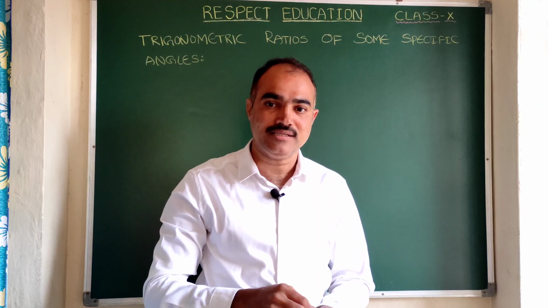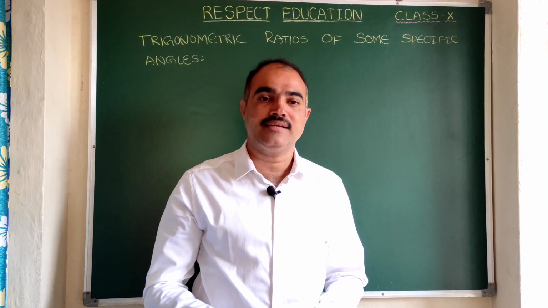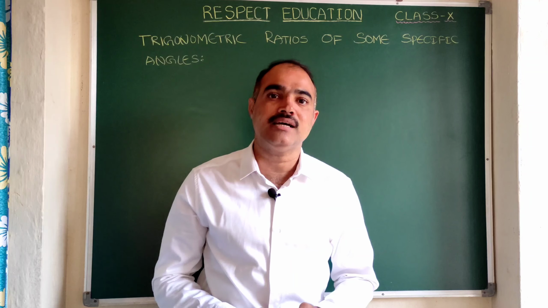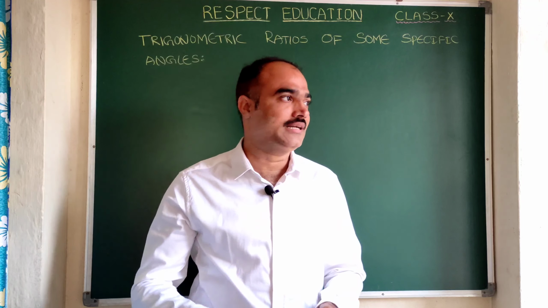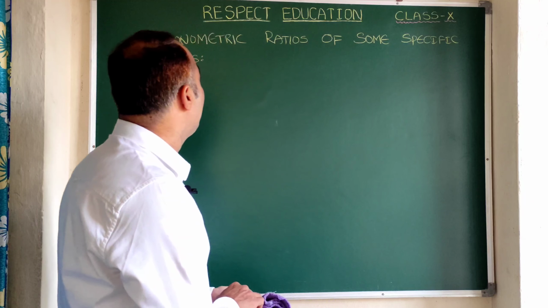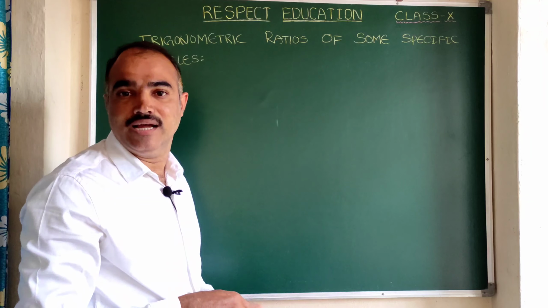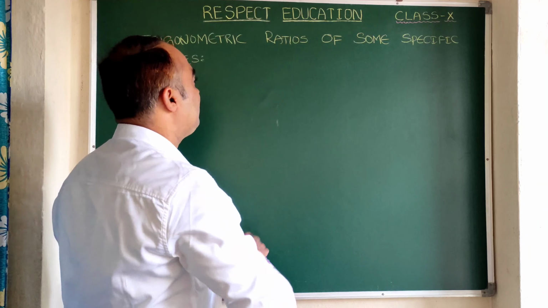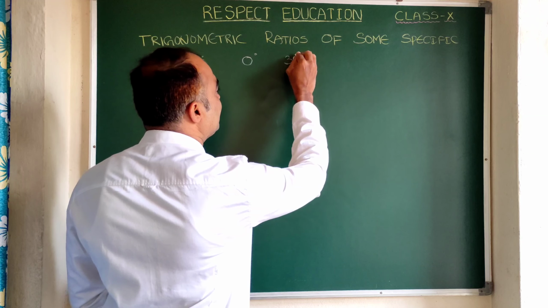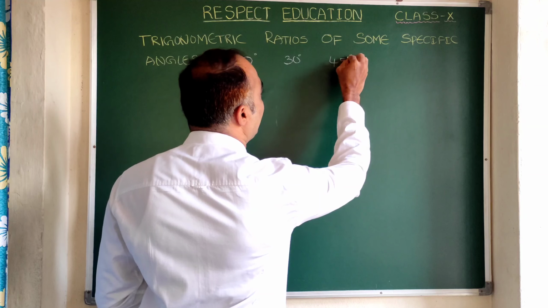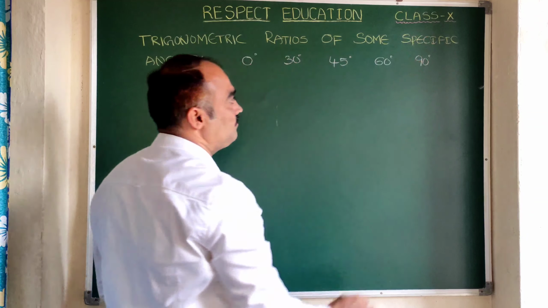What are they? First one is sin theta. Second one cos theta. Third one tan theta. Fourth one cosecant theta. Fifth one secant theta, and sixth one cot theta. Now here today we are going to apply those ratios for some of the angles. The specific angles are 0 degrees, 30 degrees, 45 degrees, 60 degrees and 90 degrees.